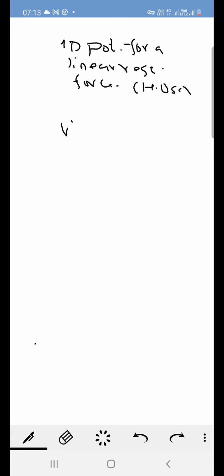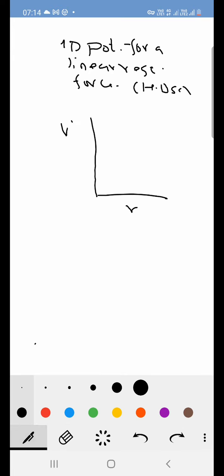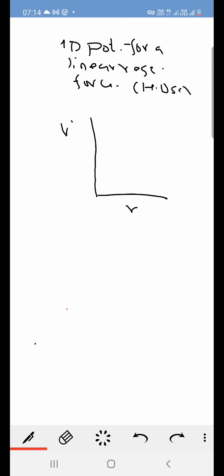Then the plot of V dash versus R will look like the following, and this will correspond to E.